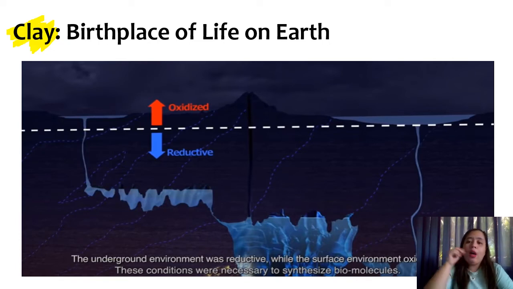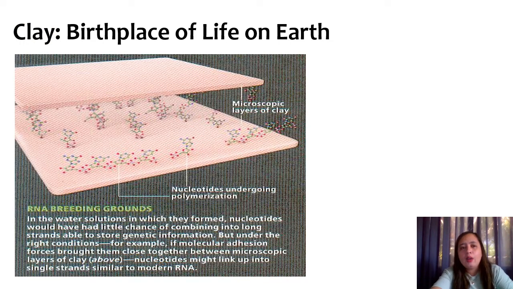This process actually made the formation of your biomolecules successful, rather than just pertaining to the ocean as in Oparin, Haldane, and the Miller-Urey experiment. So let us look. According to some studies, this upper portion here is your clay sheet. I am not cursing at you; those are clay sheets.